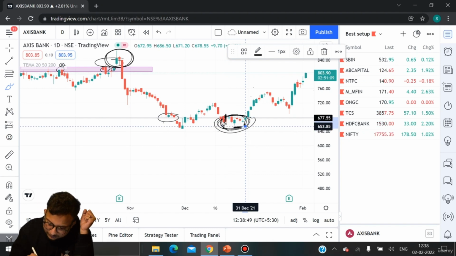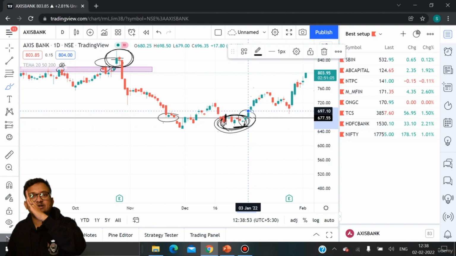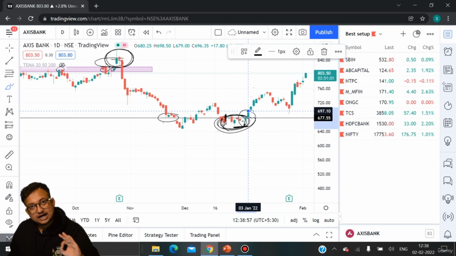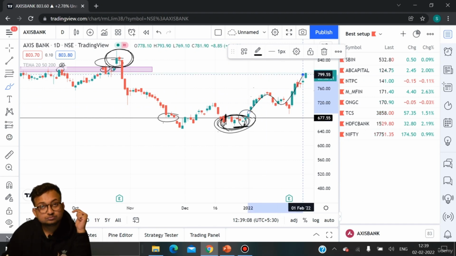Can you see? The market is again approaching the price level, and it breaks the price level. The moment it breaks the price level, it's clear that this is a clear bear trap. Now bears are trapped, bulls will shoot up the market, and the market will go like hell, man. See, the market moves again, pulls back again, boom.